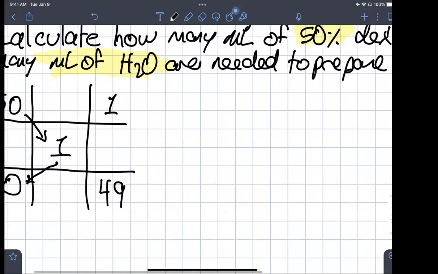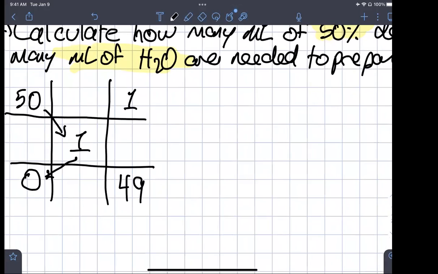Okay. So the next part of our alligation, we need to consider these are going to be parts of our total solution. If you add up how many parts, that's 1 part and 49, so 1 plus 49 is 50.